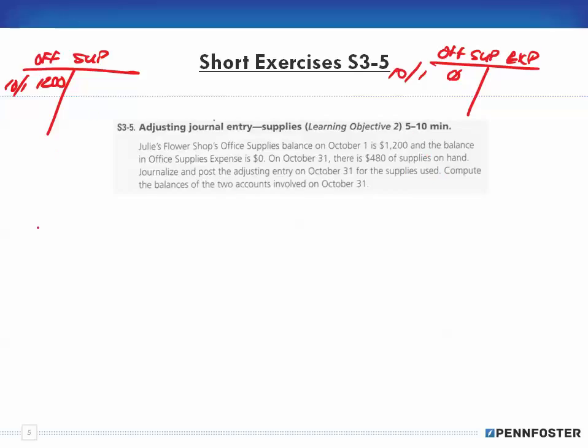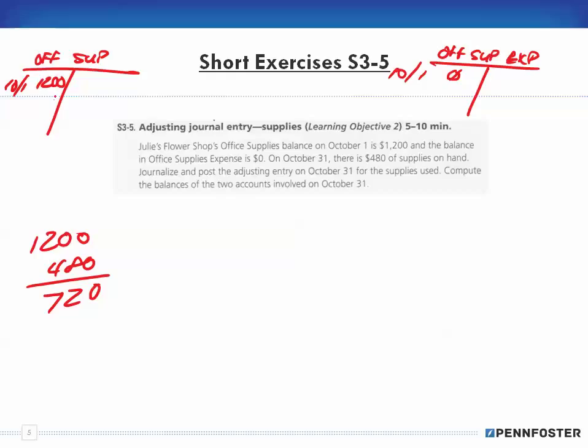Okay, so if my office supplies started out with $1,200 at the beginning of the month, and at the end of the month I have only $480 on hand, that means I've used $720 worth of supplies. And so that means I have to adjust my office supplies down to the 480.